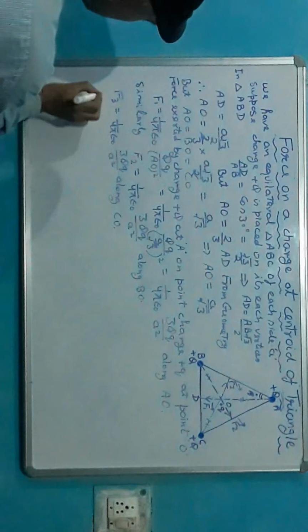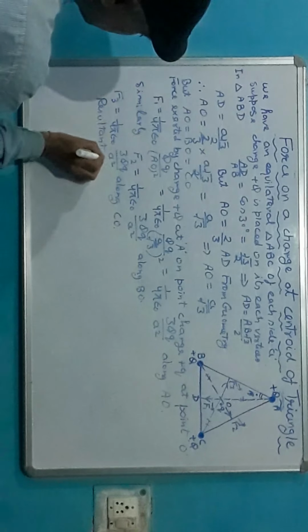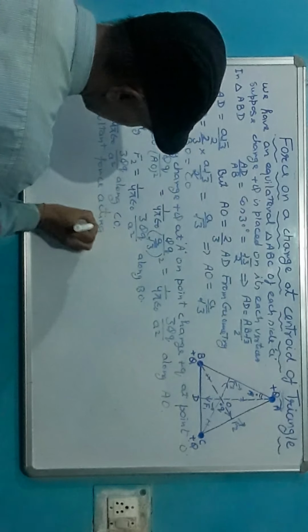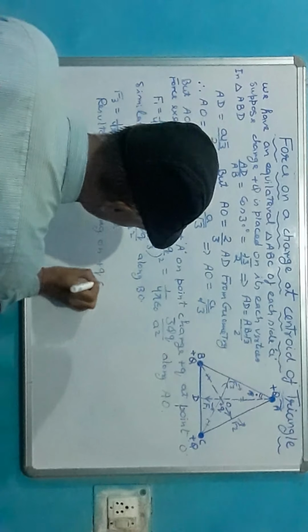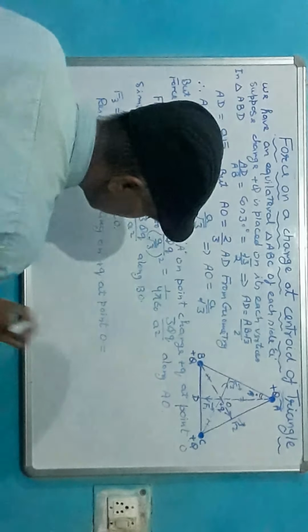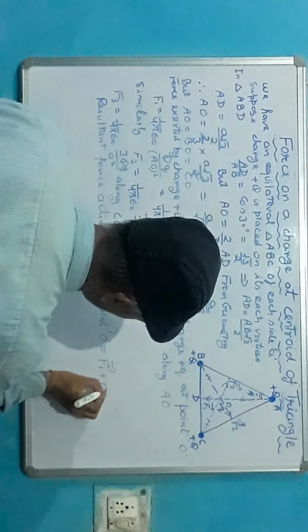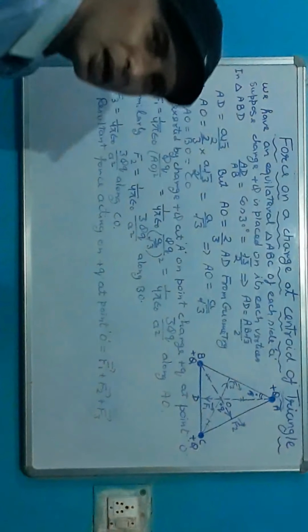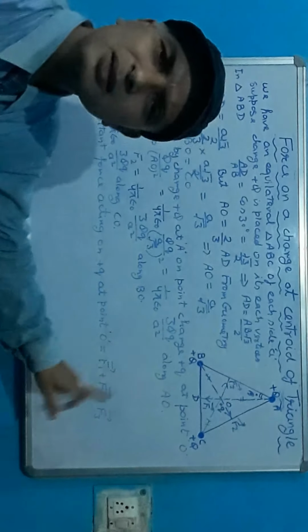So the resultant force, from the principle of superposition, the resultant force acting on plus Q at point O is equal to the vector sum of the forces which have been applied by each charge on this test charge or the small positive charge. That comes out to be F1 plus F2 plus F3.